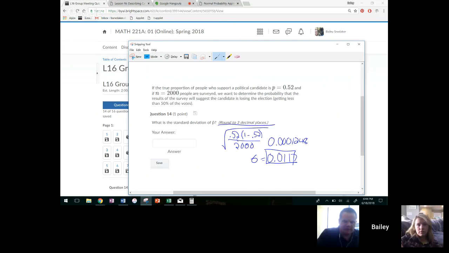That's the standard deviation. So for the value, the mean, would it be 0.50? Oh, I guess it could be. Or is that wrong? Oh, because of the 50% of the votes? Yeah.